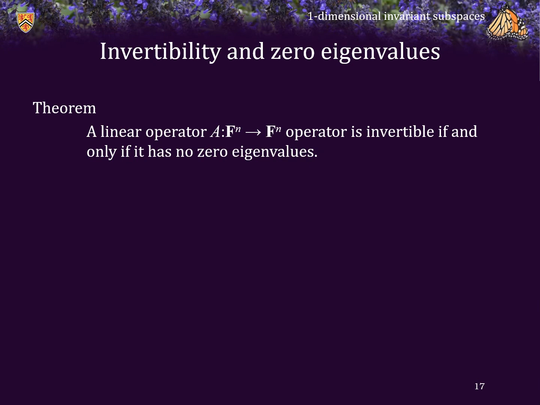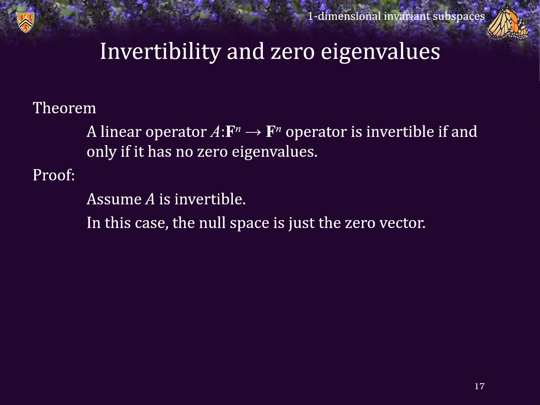Now, let a linear operator A map a field F to the n to that field F to the n. That operator is invertible if and only if it has no zero eigenvalues. Proof. Assume A is invertible.